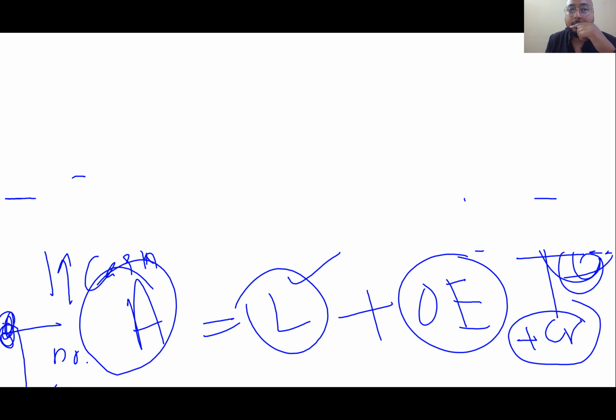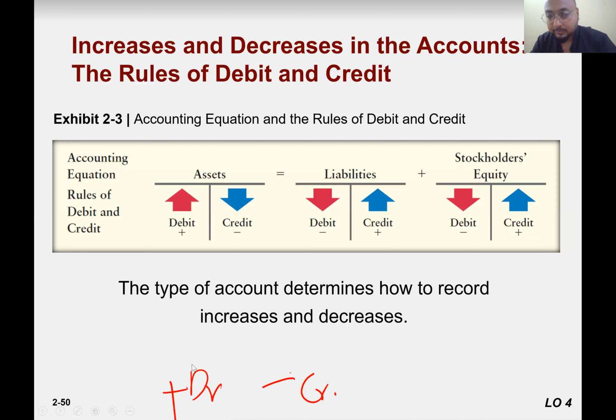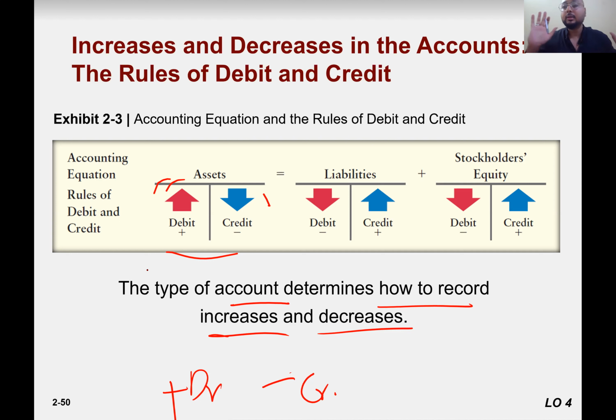So let's go back to our slides. Now, apply that rule. The type of account determines how to record increases or decreases. If the account belongs to asset, asset increase, debit. Asset decrease, you write on the right hand side.